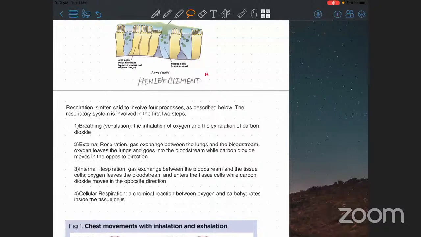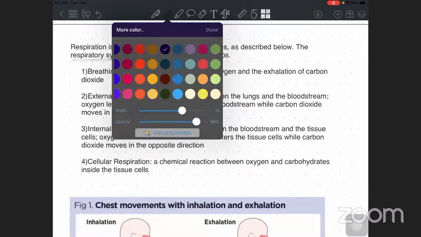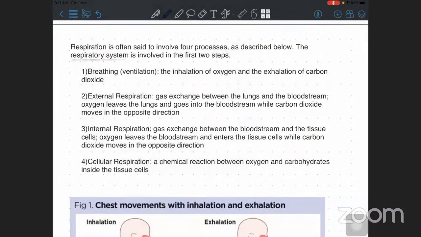Respiratory, as described below, the respiratory system, first two steps. Okay, no, this is not. This is. This word should be replaced, maybe I draw something to cover it.